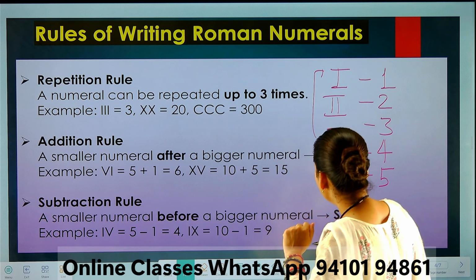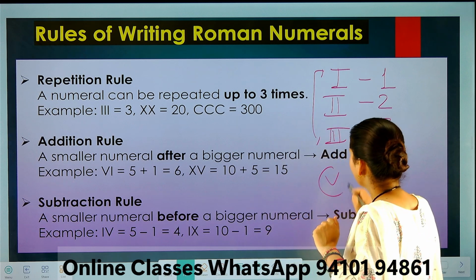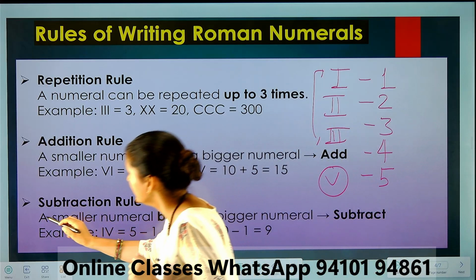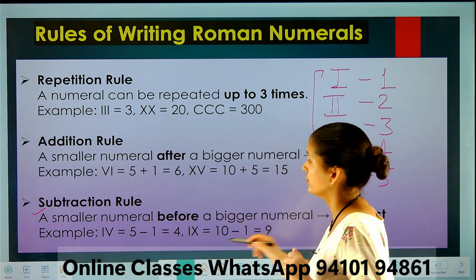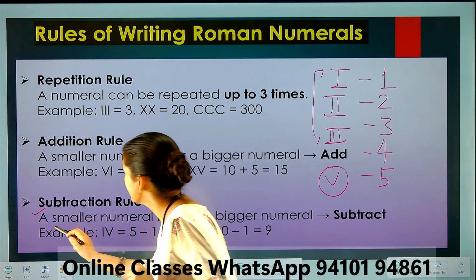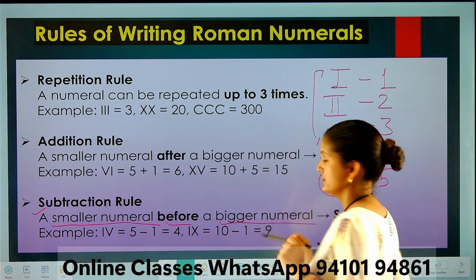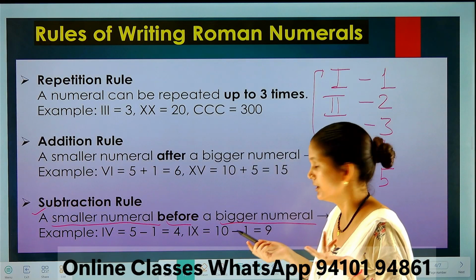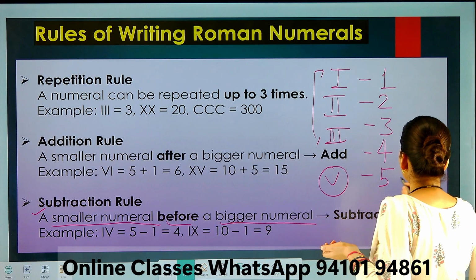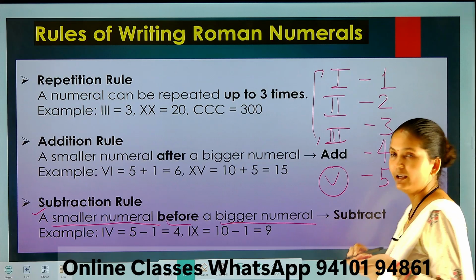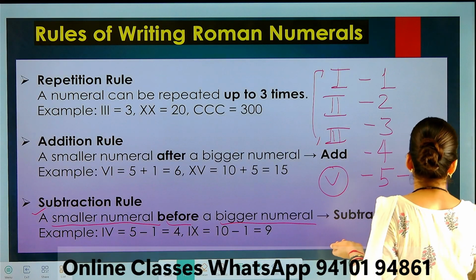So now how will we write 4? Subtraction rule, because we are subtracting here. The subtraction rule says a smaller numeral goes before a bigger numeral. What do you understand by this? Means we are subtracting 1 from 5, so we get 4.